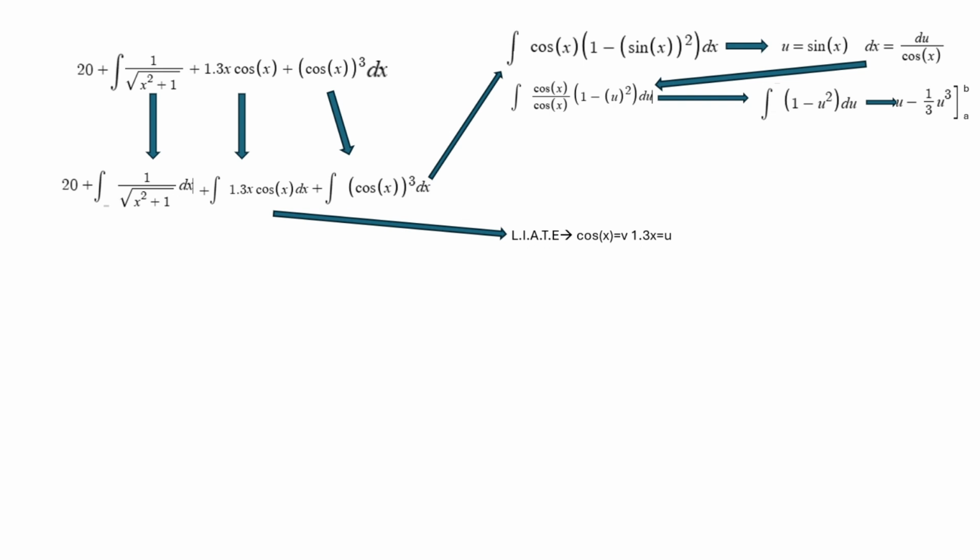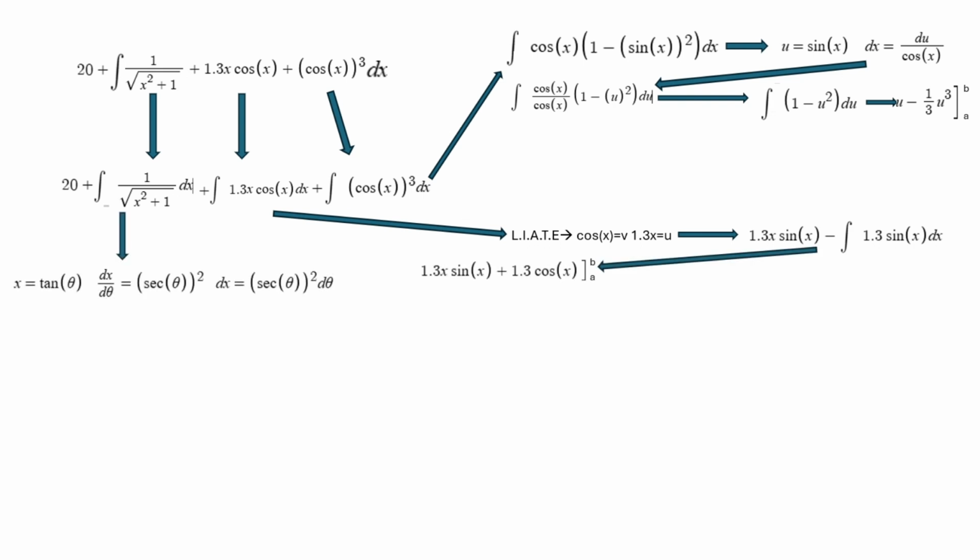And because 1.3x is closer to the beginning of LIATE, it'll be the u. So we substitute the u and v into the second equation that I found on the sheet of knowledge, and we get that, and then we just integrate the thing in the integral to get that from a to b.